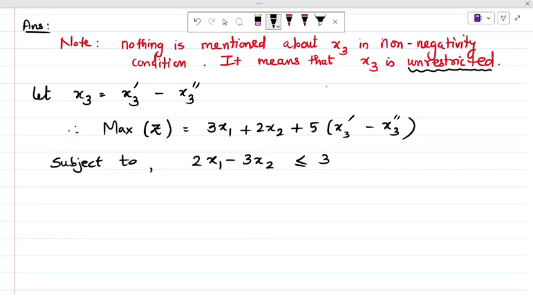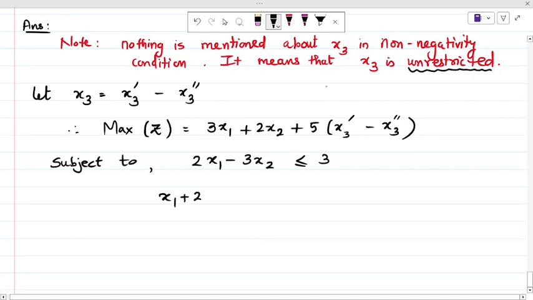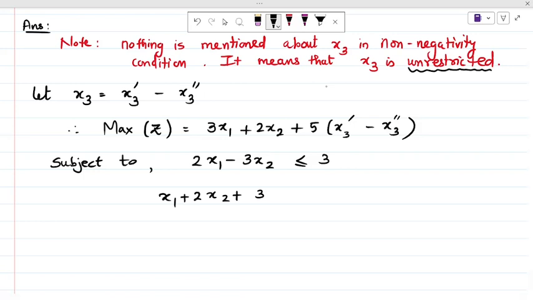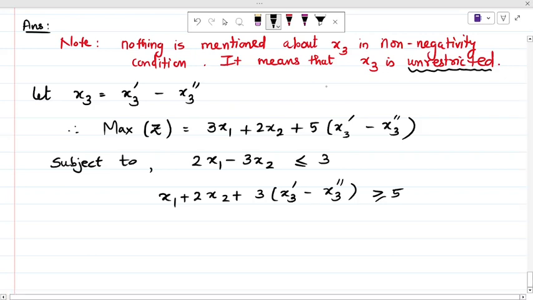Now the second one had x1 plus 2x2 plus 3 times x3, right? So 3 times x3 will now change to x3 dash minus x3 double dash, greater equal 5. No change. We will not add slack variable immediately because we are just changing the question because of the unrestrictedness of x3.